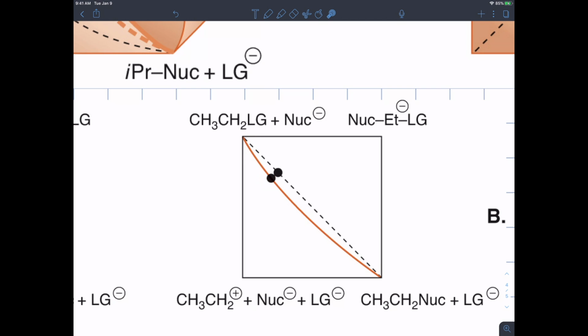The transition state has stayed reasonably close. Well, it's moved along both reaction coordinates. It's moved to the left along the nucleophile coordinate, meaning the nucleophile hasn't come in quite as much yet. And then it's moved further down on the leaving group leaving coordinate.